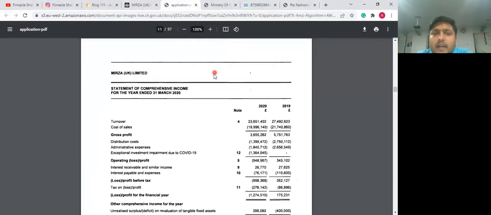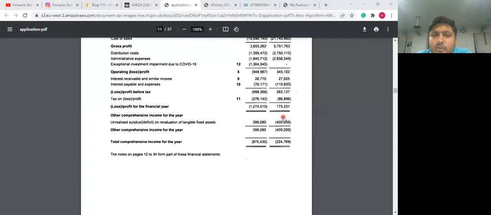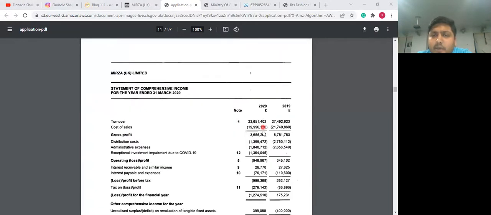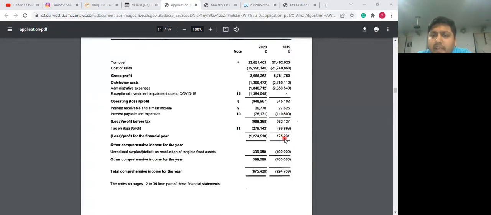Now, when you take a look at the Mirza UK Limited income statement, the business seems to be loss-making in 2020, but it was profit-making in 2019. Let's not be hasty. Just because the business is loss-making doesn't mean it's good for Mirza International. You need to judge over a period of time how much the business is actually making in profits.